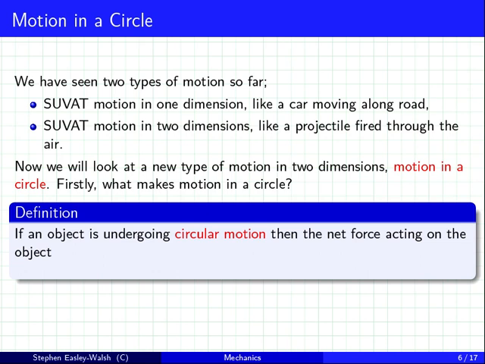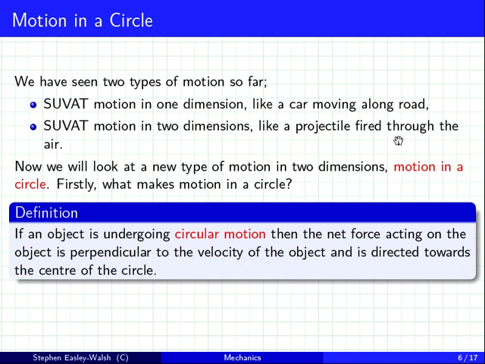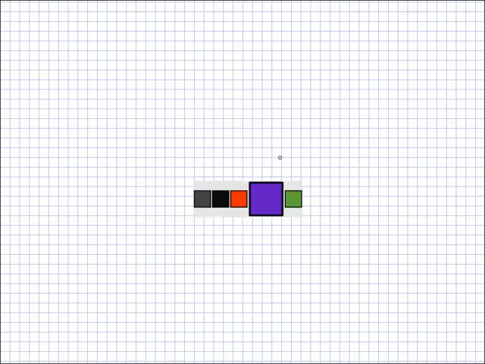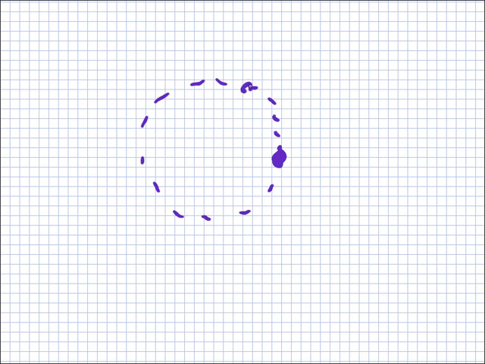Okay, well that's fine. But the force acts on it in a very special way. It's perpendicular to the velocity and directed towards the center of the circle. So, if you see something moving around in a circle, it is because there's a force which acts perpendicular to the velocity, so that means this direction, and this force always points to the center of the circle.